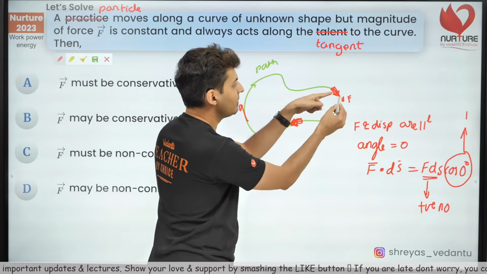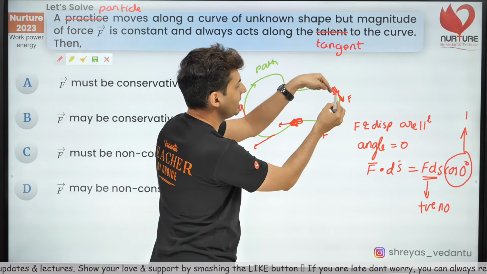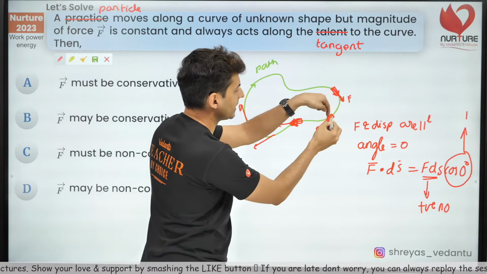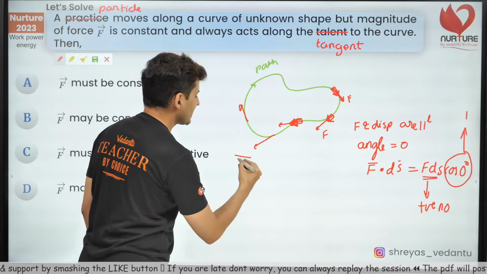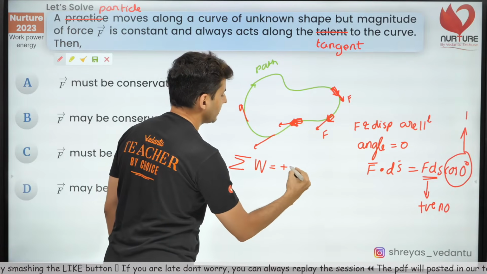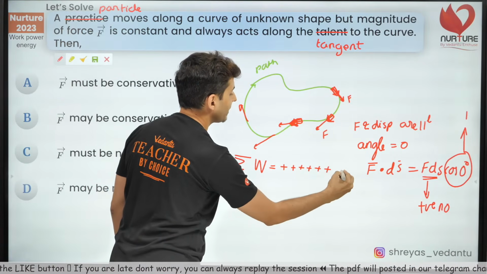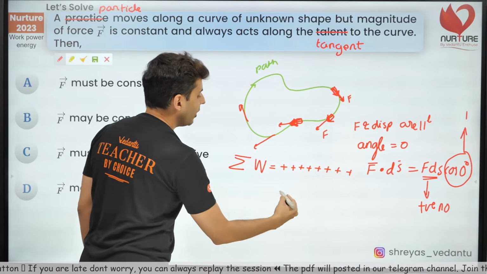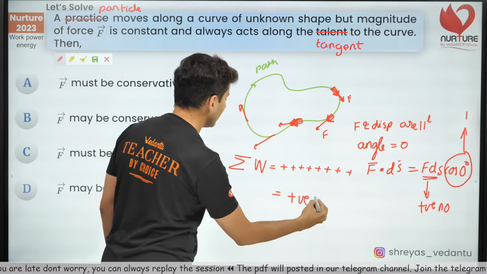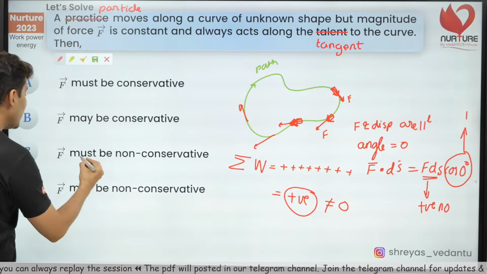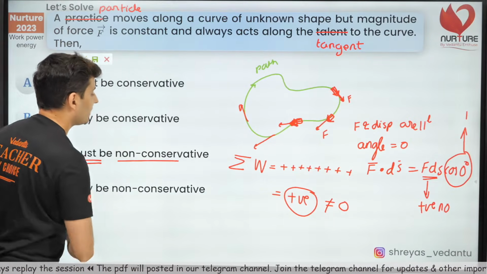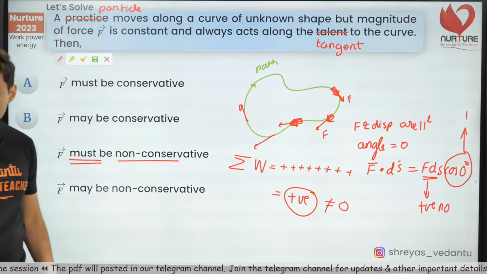So the sum of all the work, positive plus positive plus positive, if I come back, what will be the total answer? It will be a positive number, and it is definitely not 0. And if it is not 0, it must be non-conservative, which is option C.